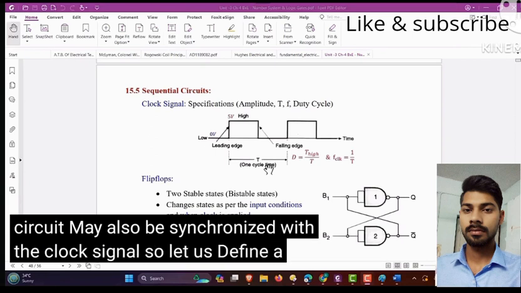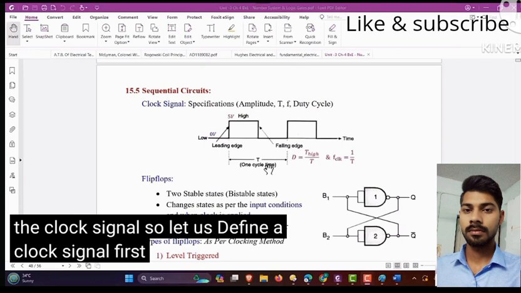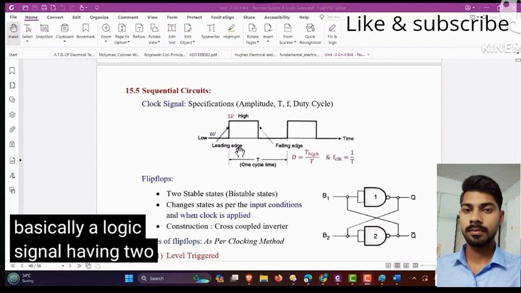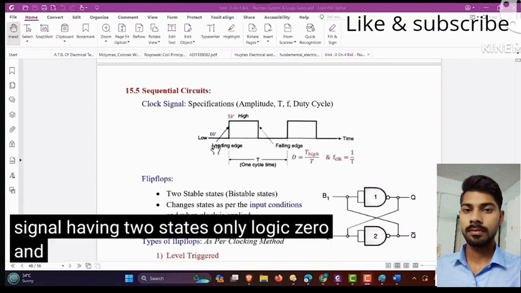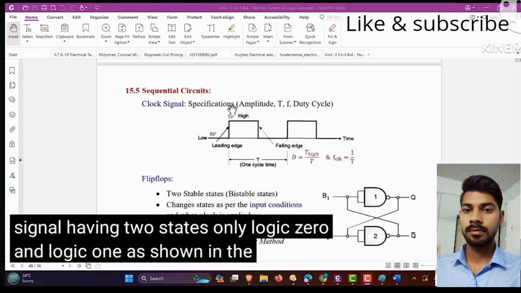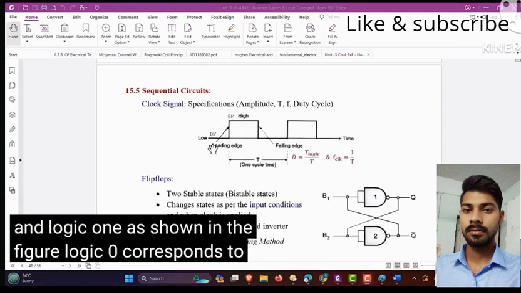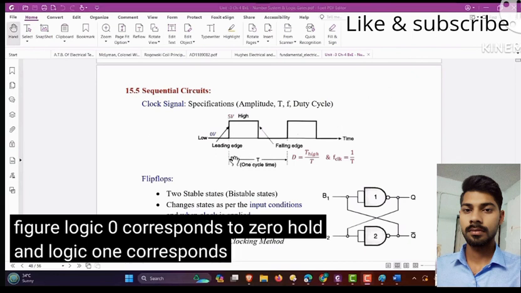So let us define a clock signal first. Clock signal is basically a logic signal having two states only, logic 0 and logic 1, as shown in the figure. Logic 0 corresponds to 0 volt and logic 1 corresponds to 5 volt.